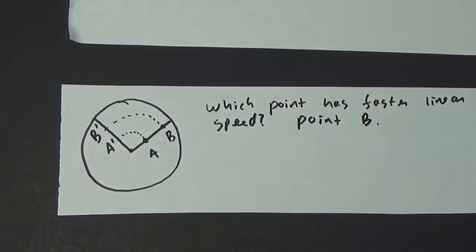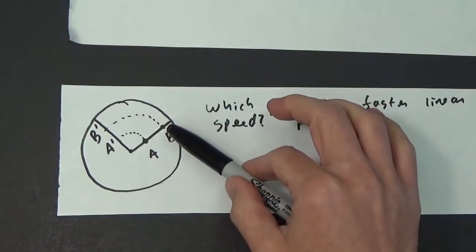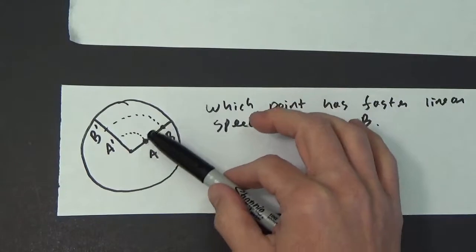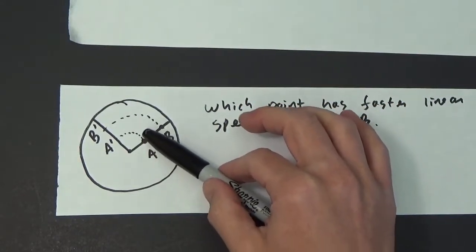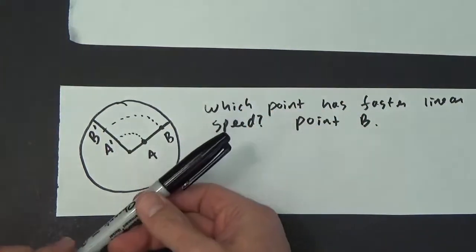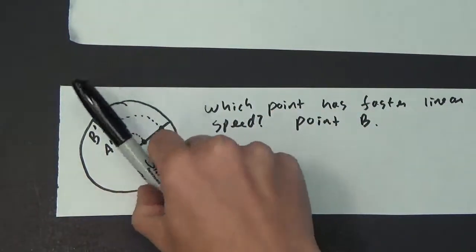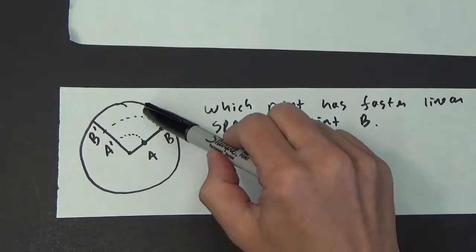Right? And the reason it's point B is because, I mean, think about if you're running on a track. You know, when you run on a track, the person who's on the inside has less distance to go than the person on the outside. So in order for A and B to end up at the same spot at the same time, B has to go a lot faster.